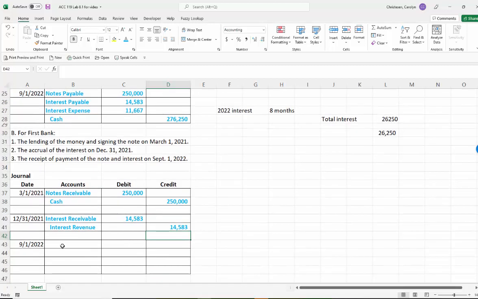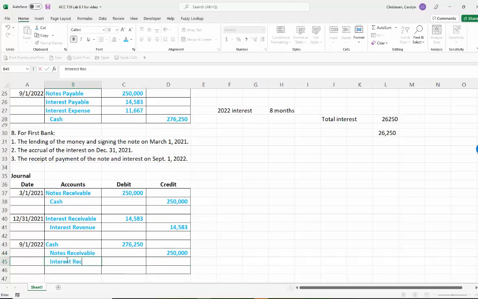Okay, so now on September 1st, the bank is getting paid cash, right? So it's getting paid $276,250, and it's going to credit notes receivable, which is the same amount as the note payable. It's also going to credit the interest receivable that was recorded before.